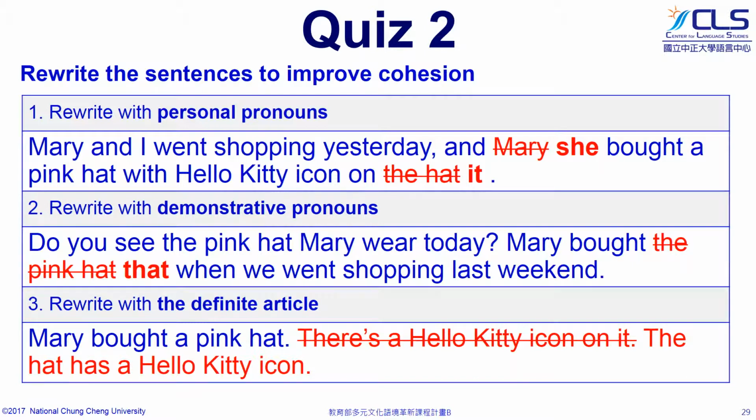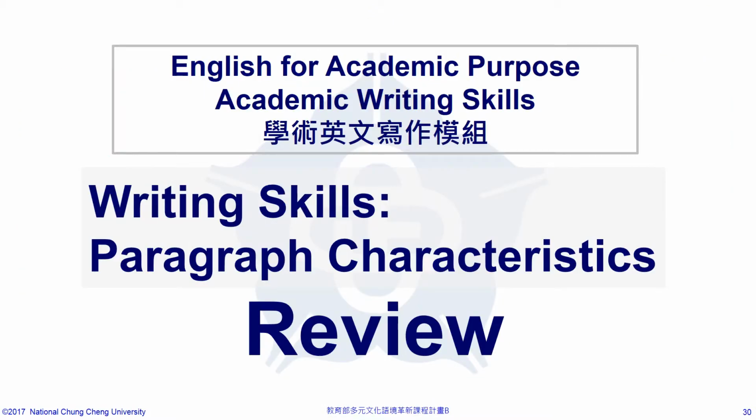Finally, for the third sentence, besides using the personal pronoun it, we can also add the definite article the before the noun hat to refer to a pink hat mentioned before. Now, let's quickly review what we have learned.